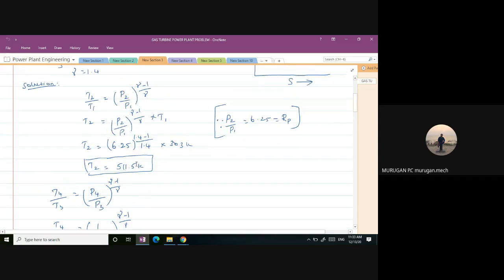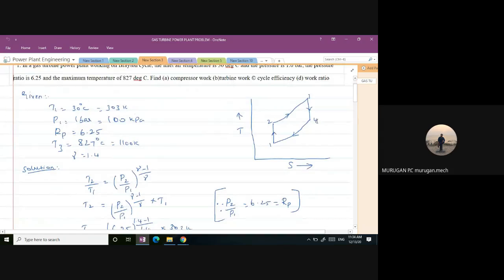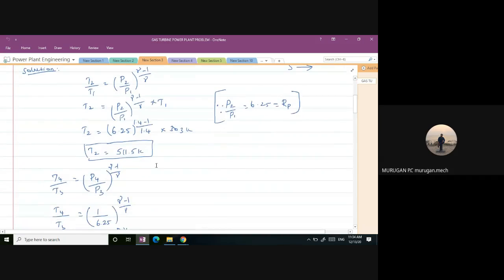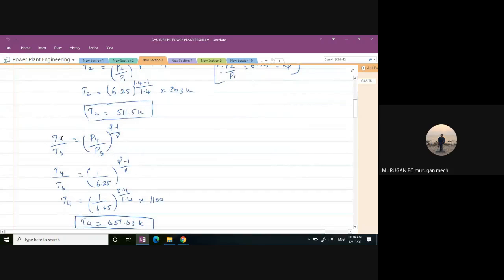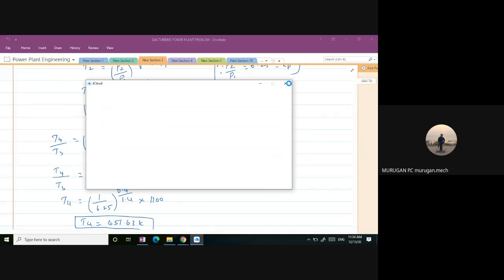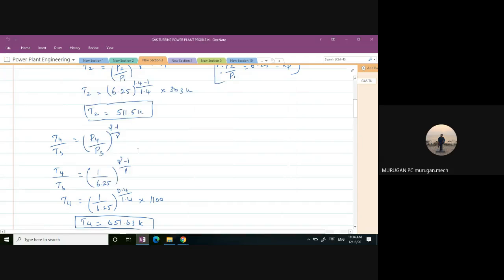Similarly, we need to find the final temperature T4. This T4 can be found using the formula T4 by T3 equals (P4 by P3) to the power (gamma minus 1) by gamma. P4 by P3 is the inverse of the pressure ratio, so we write 1 divided by 6.25.